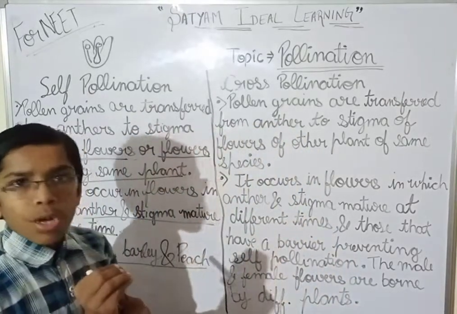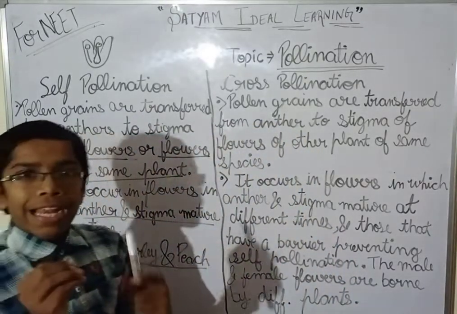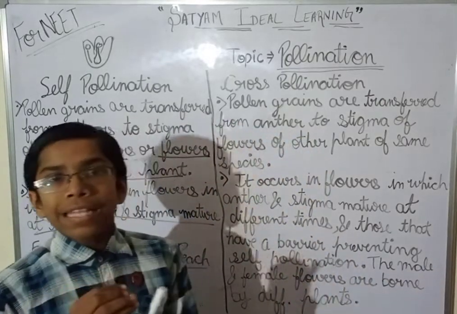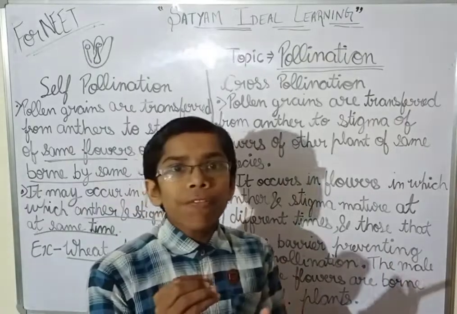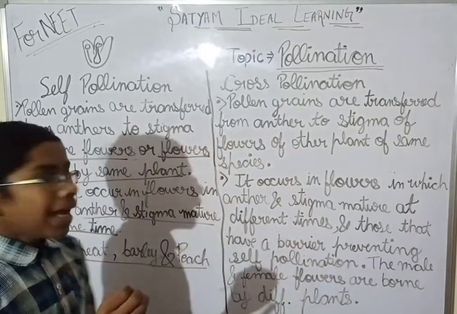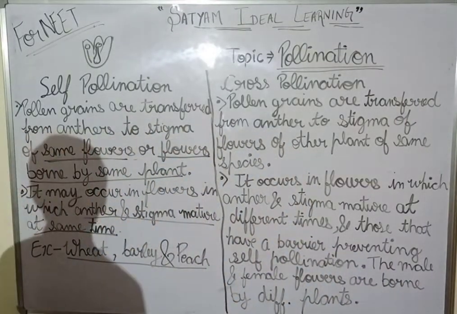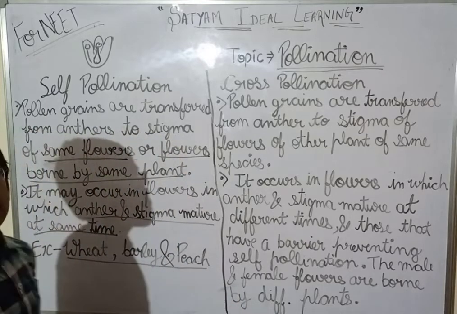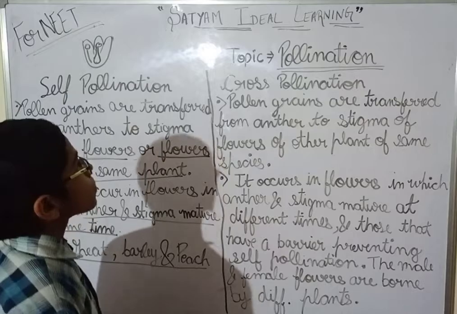When they mature at the same time, the anther will release pollen grains, the stigma will take the pollen grains, and then it will produce the new plant, as seed in the fruit.